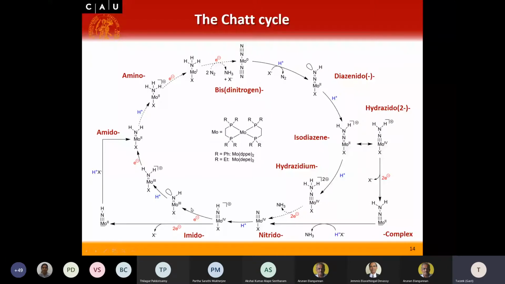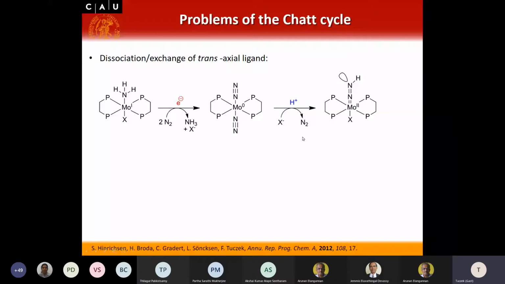And we did a lot of model chemistry to understand this cycle, and it appeared to us that there are 2 basic problems. First of all, we have this dissociation or exchange of the trans-axial ligand. So we are here at the molybdenum(I) stage at the amine complex. We have to cleave off this X ligand to make the bis dinitrogen complex, reduce it, and then in the first step, one of the nitrogens is cleaved off again, and here we have again the X ligand.